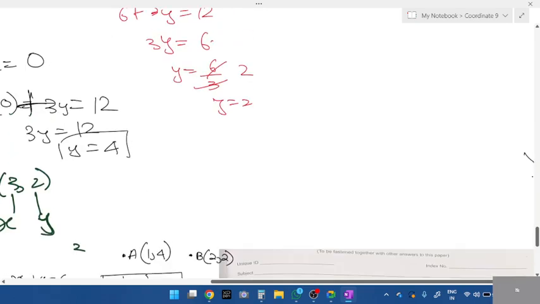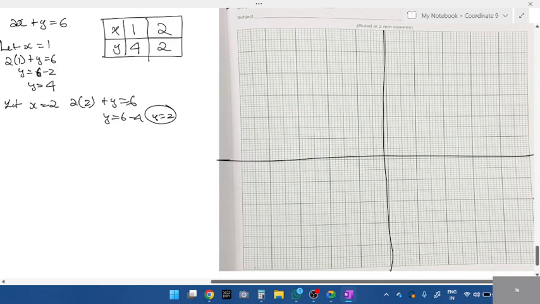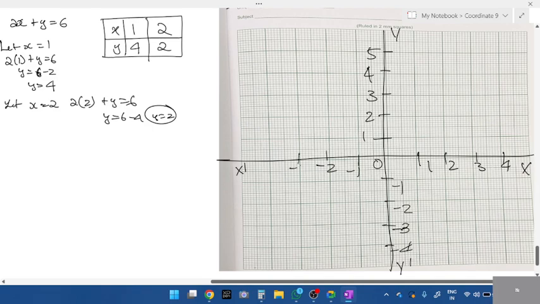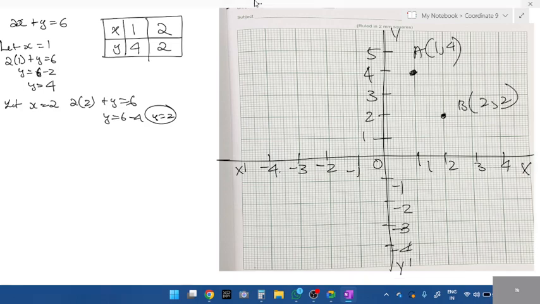You can take 1, 2, 3, 4 and solve. 1 and 4. All of you done? Got the same answer?